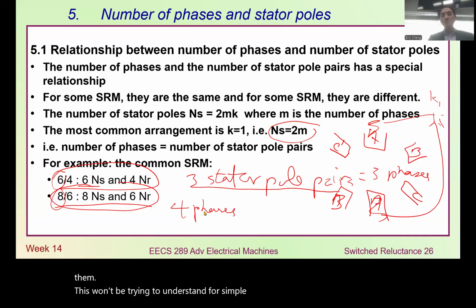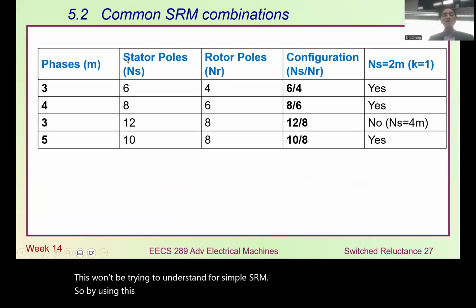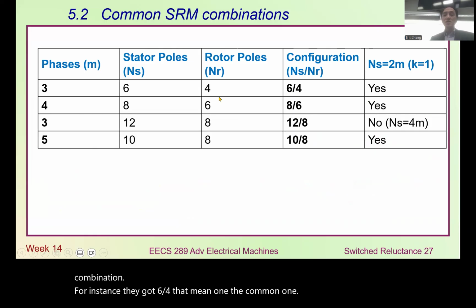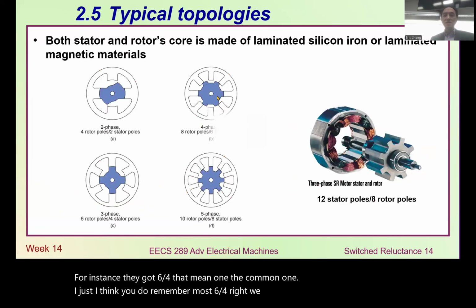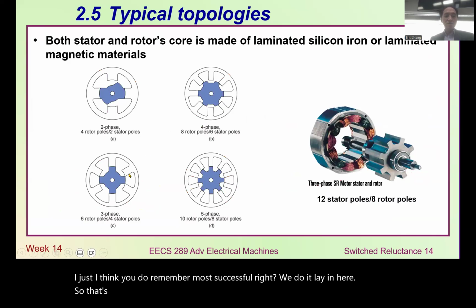So by using this, we can examine various combinations. For instance, we got 6-4, that means one of the common ones. I think you do remember what 6-4 is, right? We do it like in here. So that's a 6-4, 6 in the outer stator, 4 in the inner.